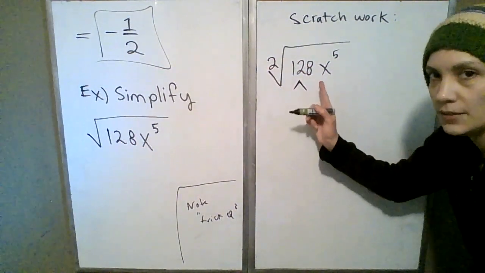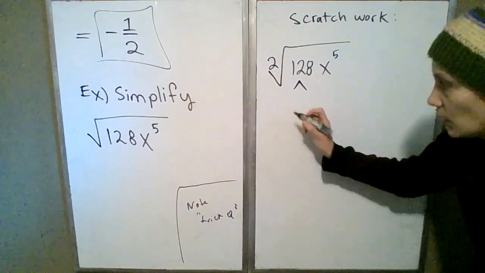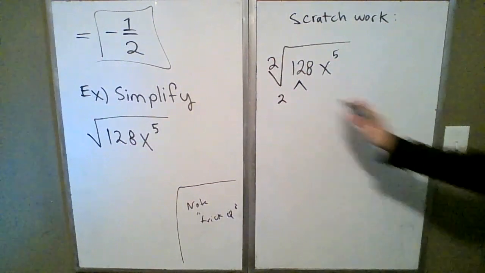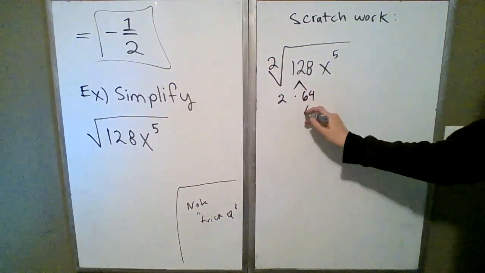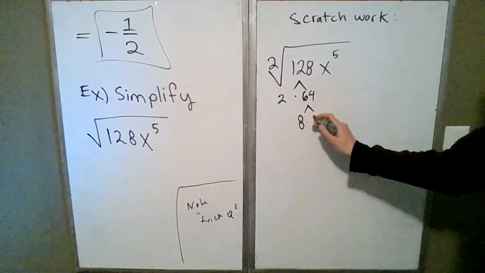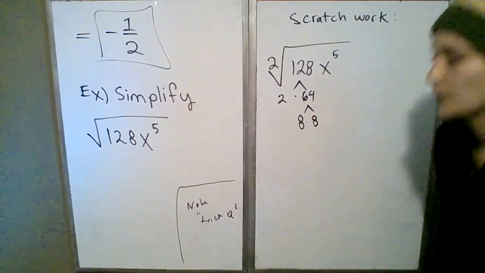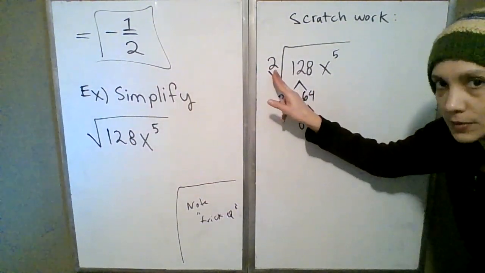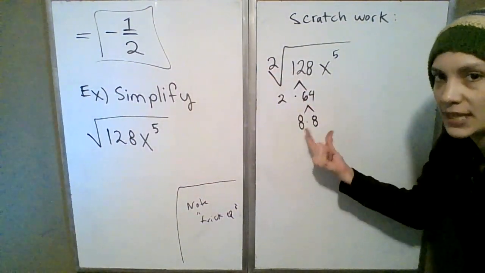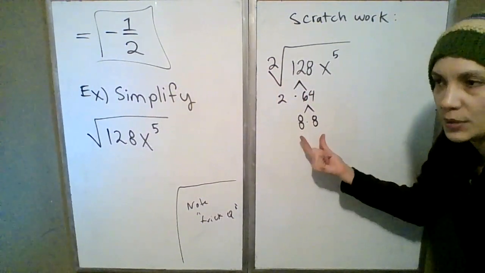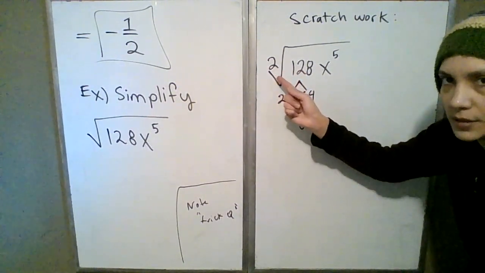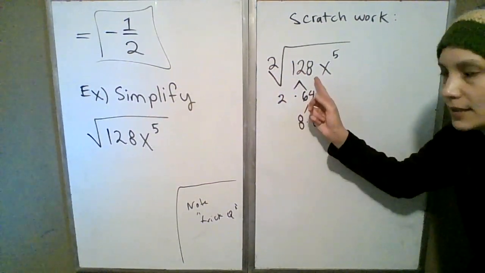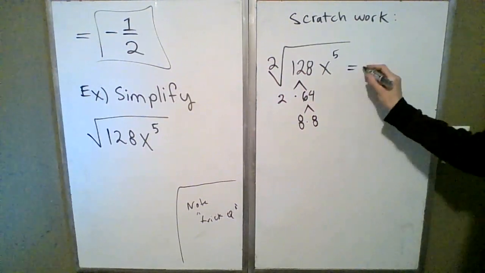So it's an even number, which means you can write this as 2 times 64, which is 8 times 8. If I can get 2 of the same factor, then I can write that as that number with the power that matches that root. So I'm going to stop here and write 8 squared times 2 is 128.